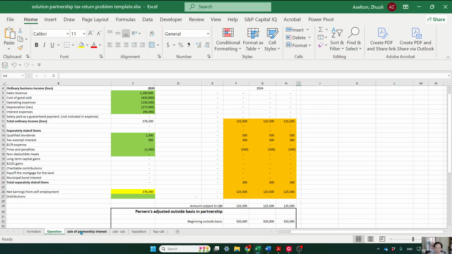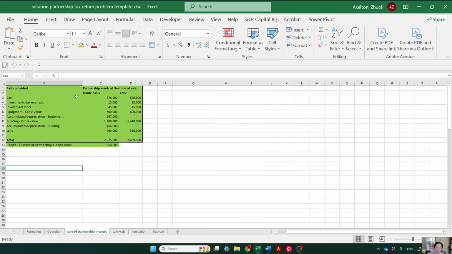Okay. So once this is finished, then we're going to move on to the sale of partnership interest calculation and the liquidation calculation. For the sale of partnership interest, I have the numbers laid out here. The starting point is we're going to take a look at the partnership assets at the time of the sale, because we have to take a look at all the assets within the partnership for the calculation of the sale of partnership interest.